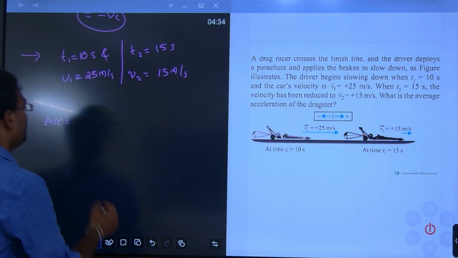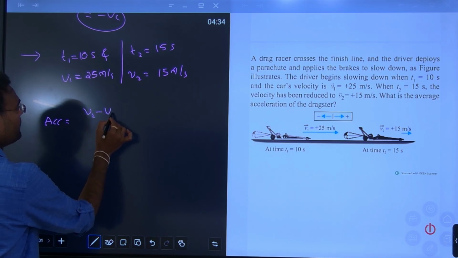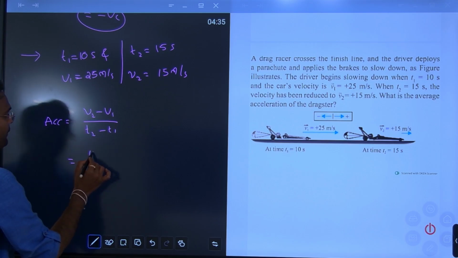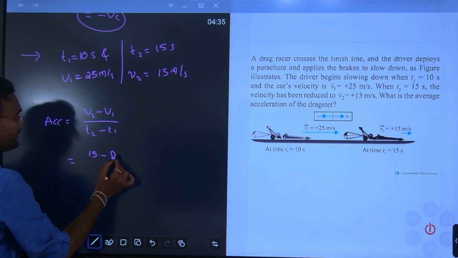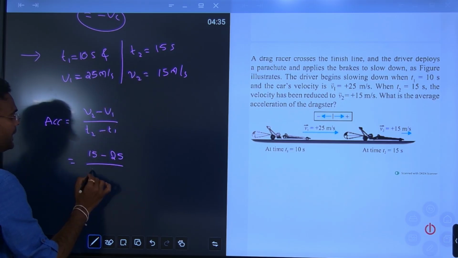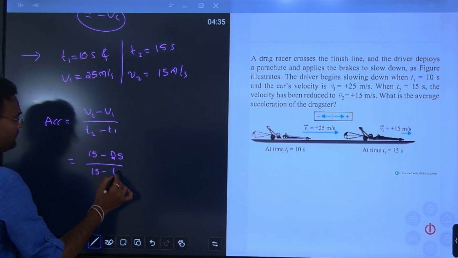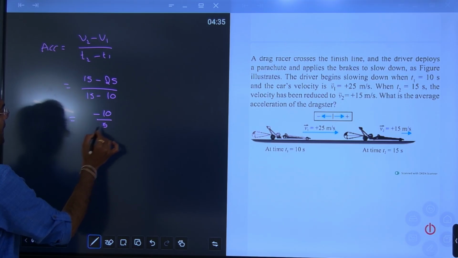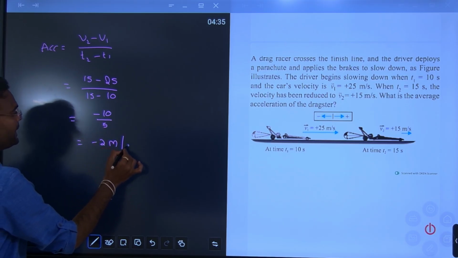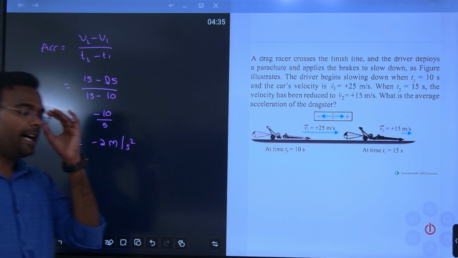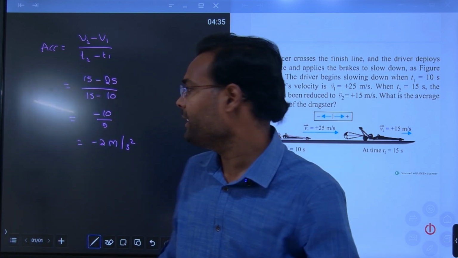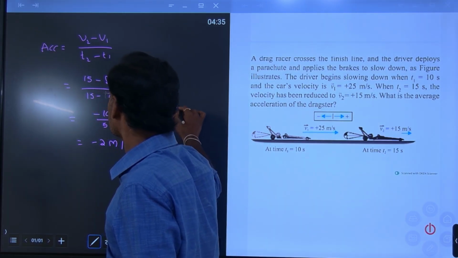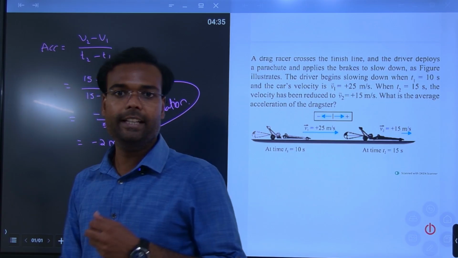We know the formula: the change in velocity over the change in time. Here t1 is 20, t2 is 15, so the change is minus 10 divided by minus 2 seconds. Now the answer is negative, so the object is getting retardation.